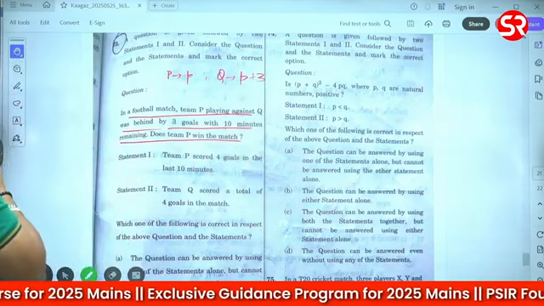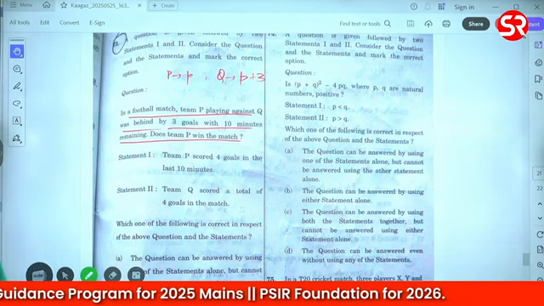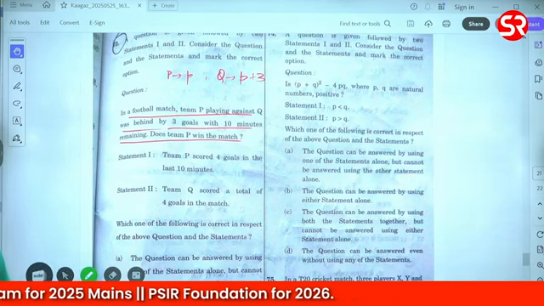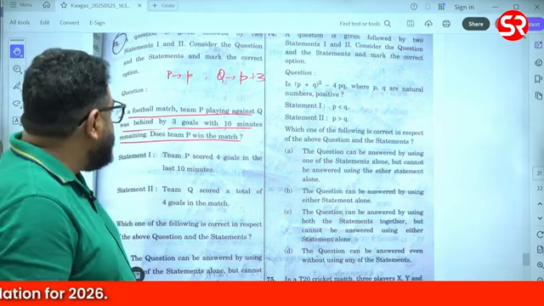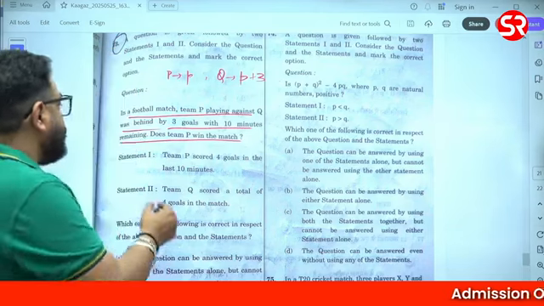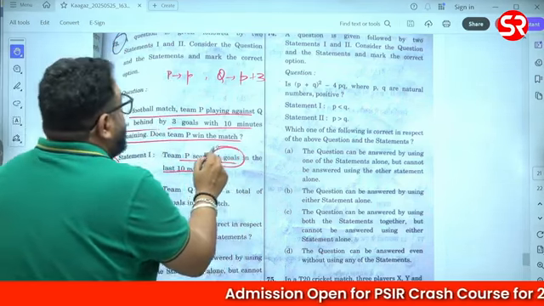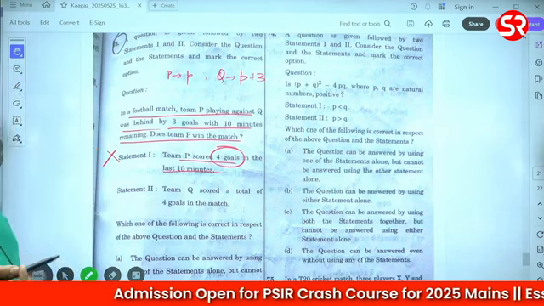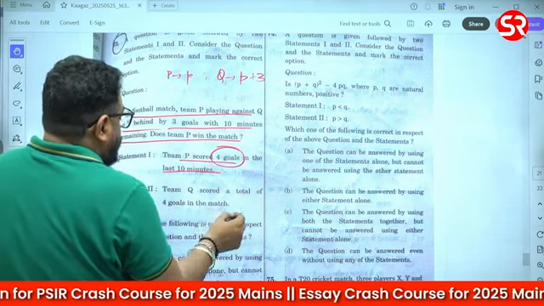First statement: team P scored 4 goals in the last 10 minutes. Is this telling you that P would win the match? No, because P scored 4 goals in the last 10 minutes, but we don't know about Q.